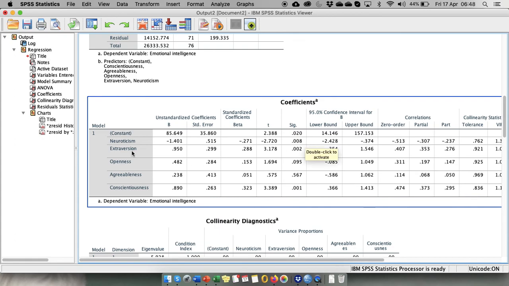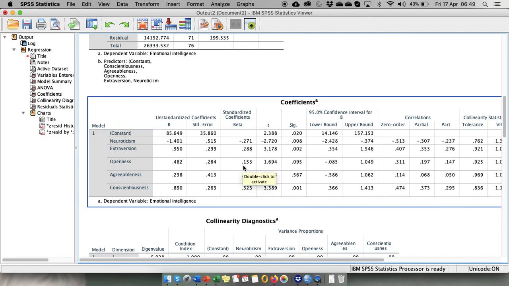The next one is extraversion. Extraversion is also significant and it's positive. So the more extroverted you are, the higher is your score on trait emotional intelligence. With every score increase in extraversion, your trait emotional intelligence increases by 0.288 standard deviations.